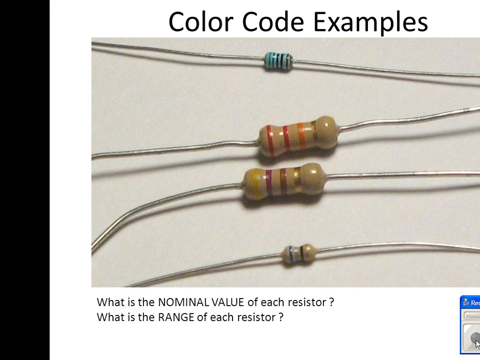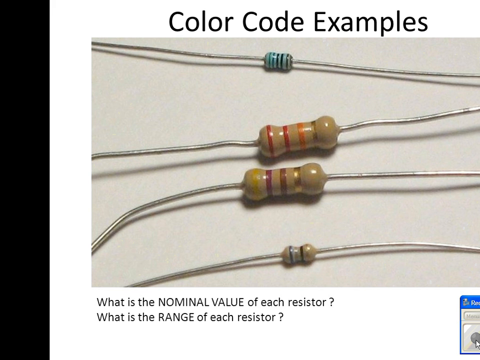Okay, so the next one. Alex, tell me the nominal resistance of resistor number 2: red, red, orange, gold. What number is red, red, orange? Orange is 3, isn't it? So 10 to the third times 22. 22,000. We don't say 22,000. We say 22K. 10 to the third is K. Now, wait a minute.